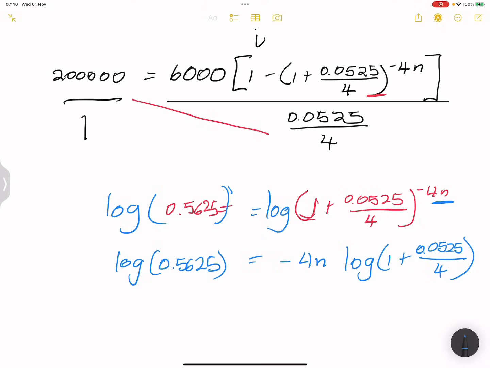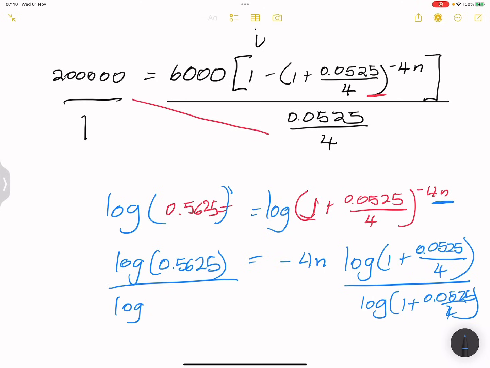Of course, I'm going to divide both sides by the log of 1 plus 0.0525 over 4. What I do on the left, I do on the right, and of course divide by 4 later.